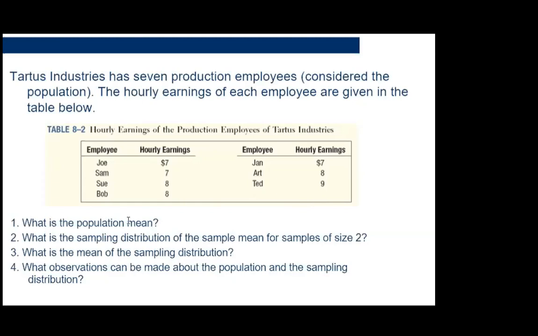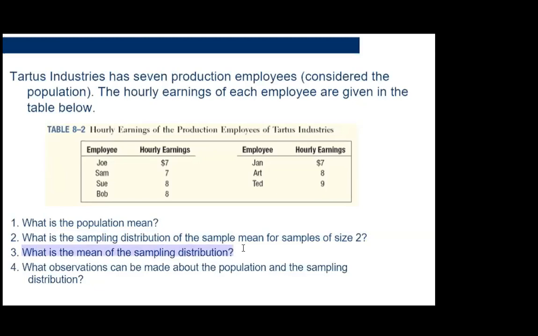So what's the population mean? You can add all of those in the population and divide by the total. What's the sampling distribution of the sample mean for a sample size of 2? We can calculate that: every 2 of these can create 1 sample, and for each sample of 2 we take, we can calculate the average, and that would be the sample mean.